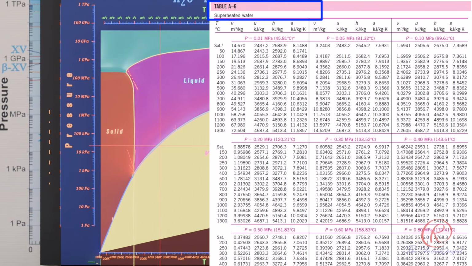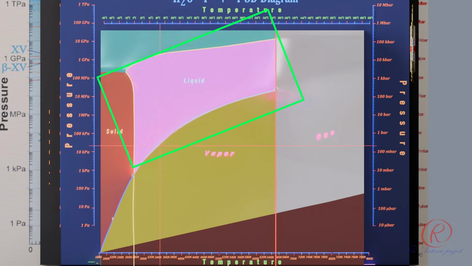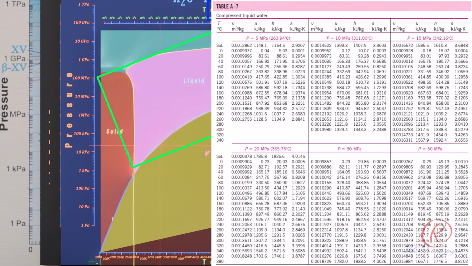3. Superheated water table. A superheated water or steam table gives the thermodynamic properties of steam when it has been heated to a temperature above the saturation temperature corresponding to its pressure. 4.